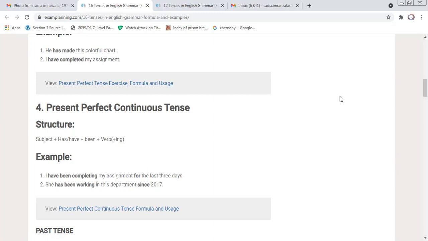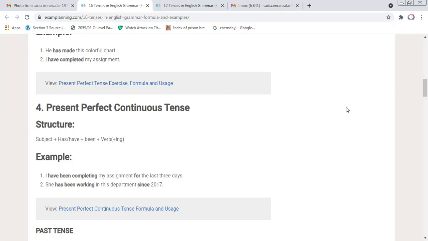And the second example is: she has been working in this department since 2017. So she is the subject, has been is the helping verb, working is the main verb, ing is gerund, and she is working in this department since 2017.